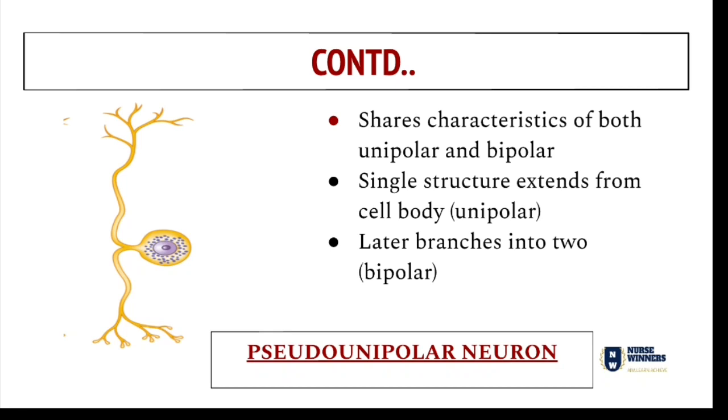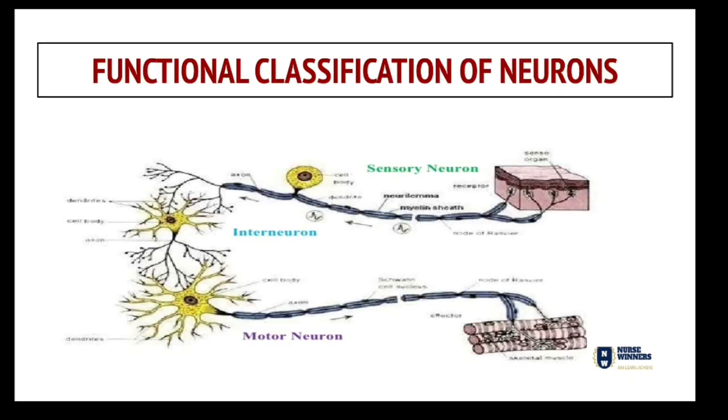Hence these kind of neurons are called as pseudo-unipolar neurons. So we have four type of neurons. One is unipolar, second is bipolar, third is multipolar, and fourth is pseudo-unipolar neurons.